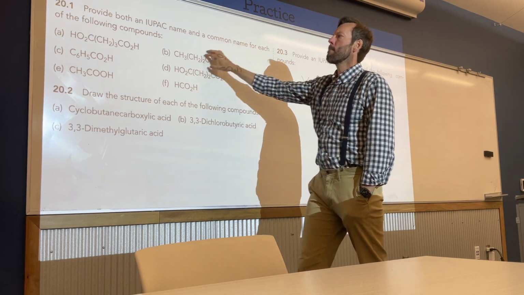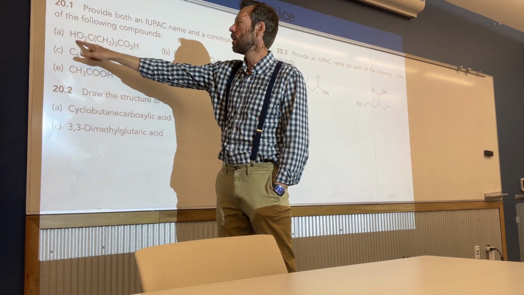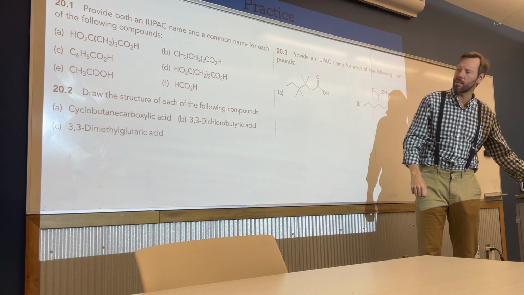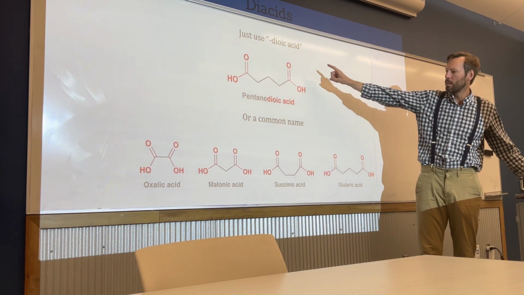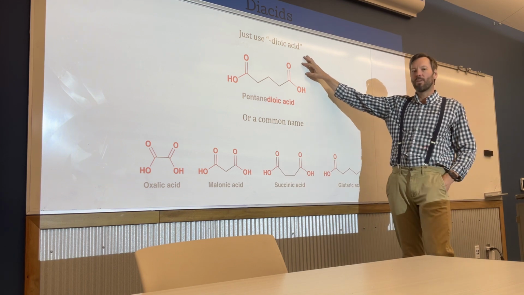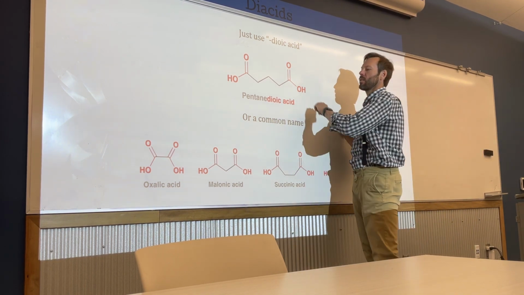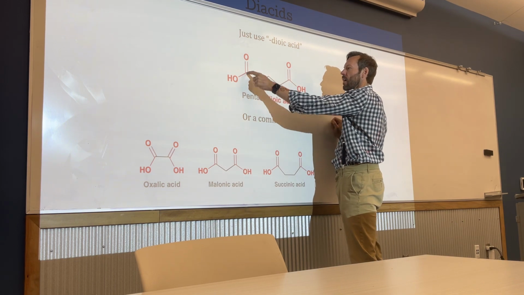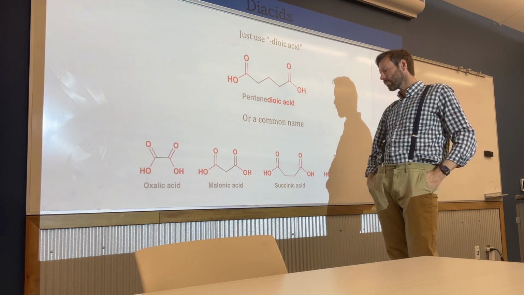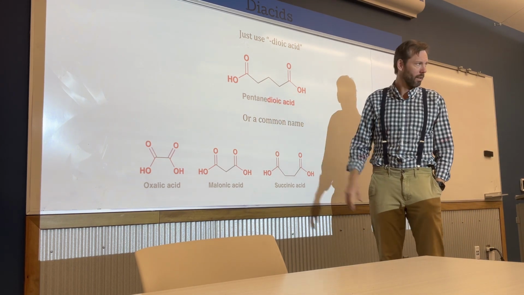If we have two carboxylic acid groups, then that is, oh, I see, sorry, I skipped something. Now it's going to make more sense. Dioic, all right? So pentane, you count the longest chain, 1, 2, 3, 4, 5. So it's going to be pentane dioic. Or oftentimes that E gets dropped, it's pentanedioic.